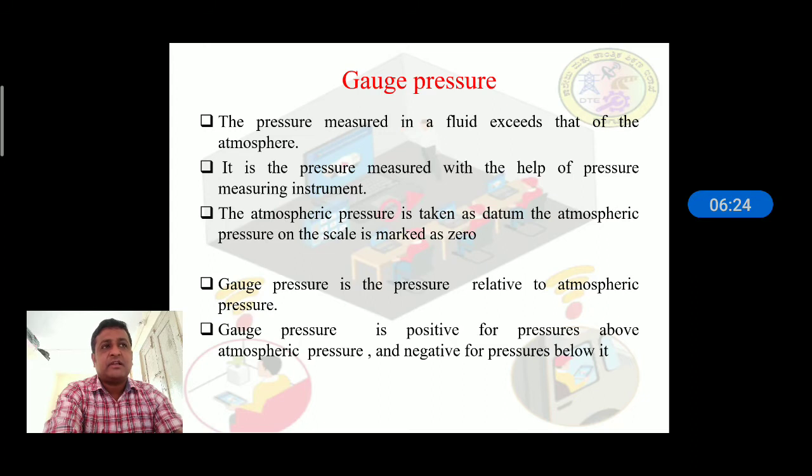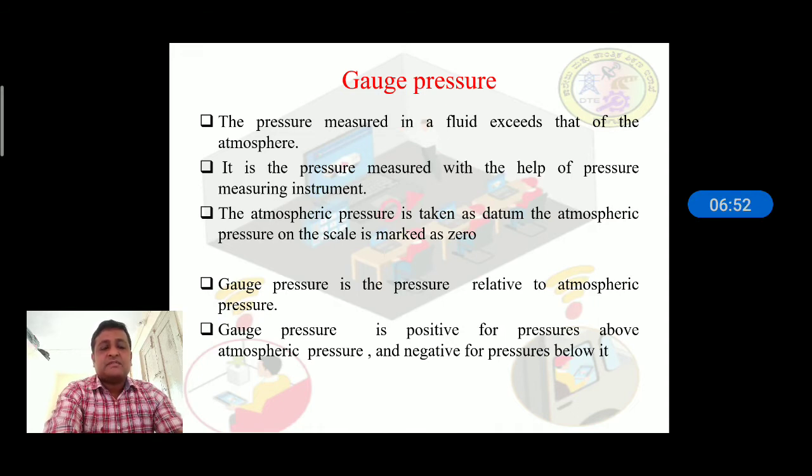When measuring gauge pressure, the atmospheric pressure on the scale is marked as 0. Gauge pressure is the pressure relative to the atmospheric pressure.